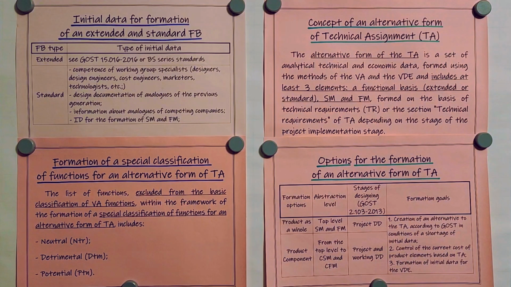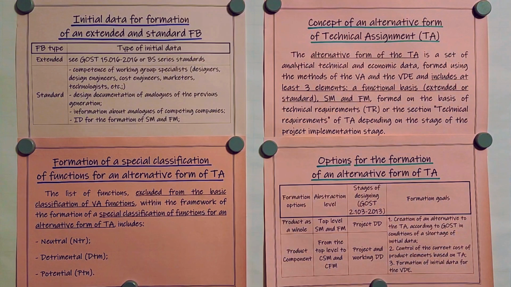In accordance with GOST 15016, the list of functions excluded from the full classification discussed in issue number 7, decomposition of the object of analysis, the formulation of functions, will be given below. In addition, it should be borne in mind that when forming the abstract structural and abstract functional model of the technical assignment, we will face the problem that a number of functions described in the technical assignment fall under the exceptions described in issue number 7.